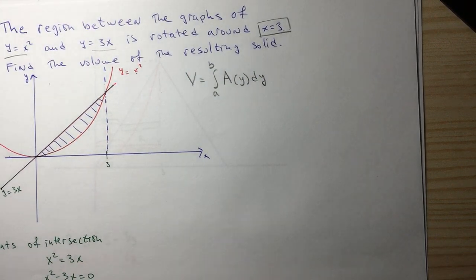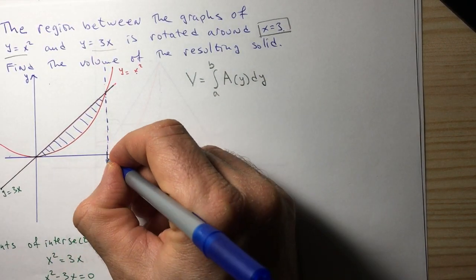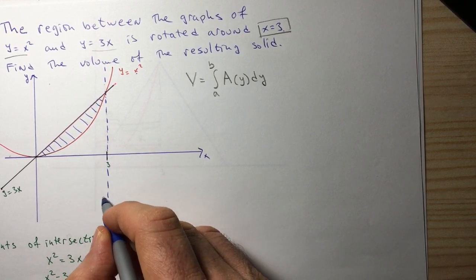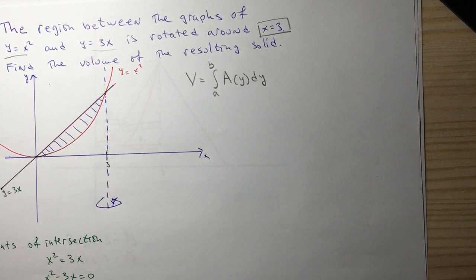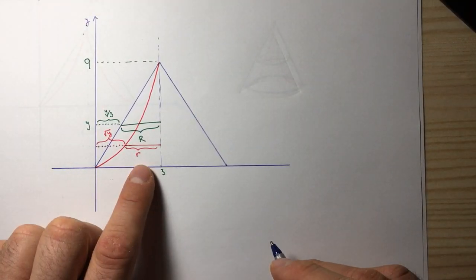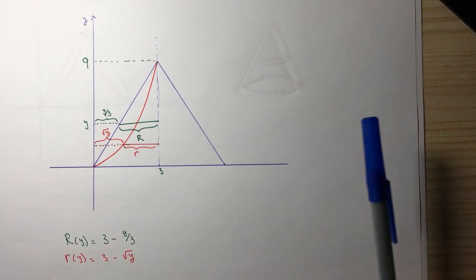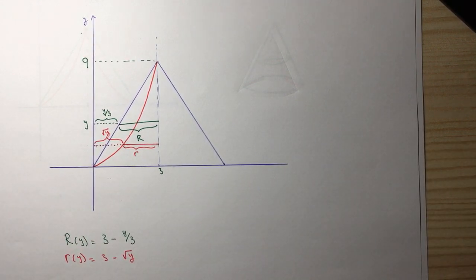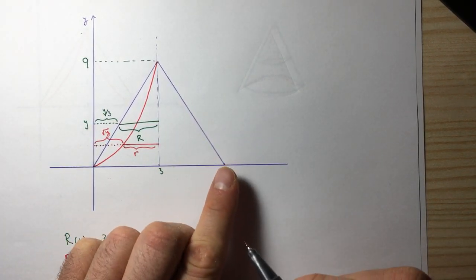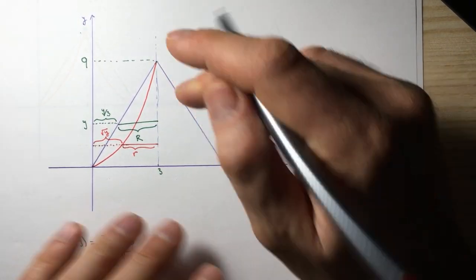So we will find the solid if we spin this region about this line. If we do that, what do we get? We get something like this.